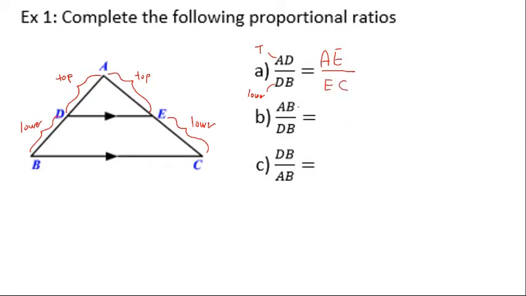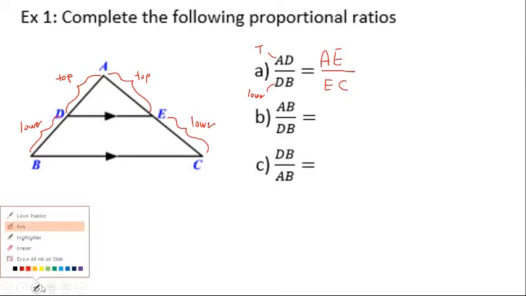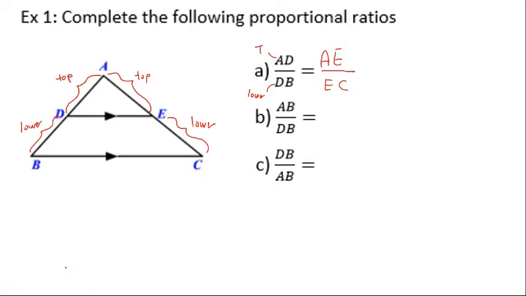Again, now if you look at side AB, so AB right here, think of A to B as the whole segment, the whole side, not part of it. Same thing with A to C. That's the whole part of the segment.